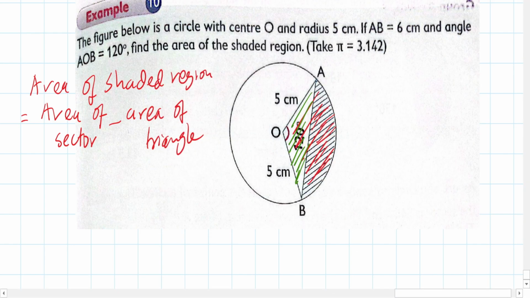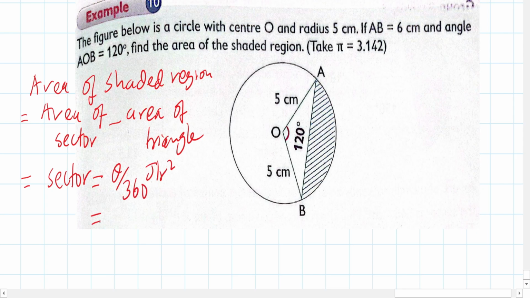So yeah, the shaded region, which is this one here. So area of the whole sector minus, obviously, area of the triangle. Now let's search for the area of a sector. Area of a sector is equal to theta over 360 pi r squared.